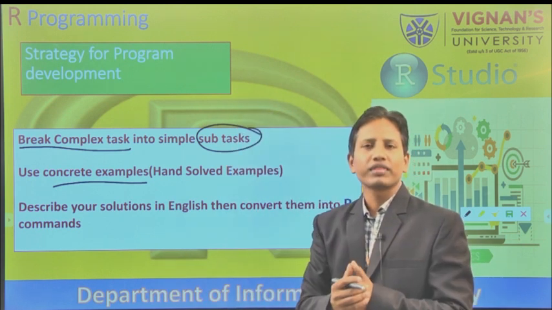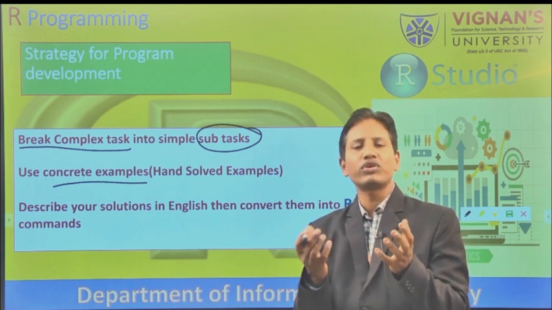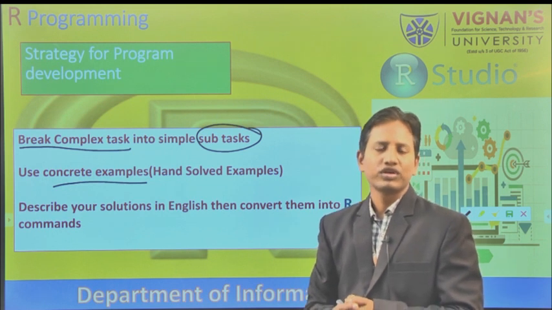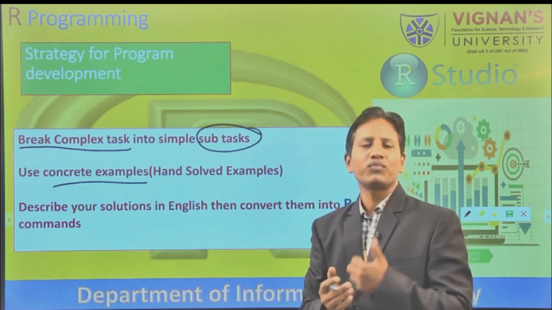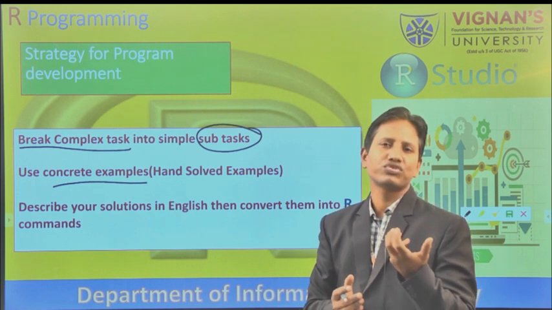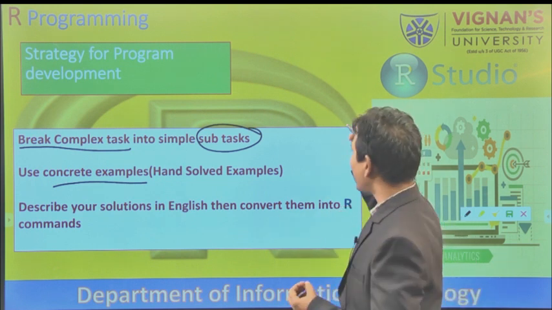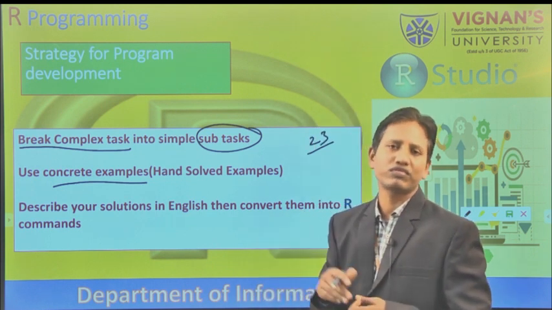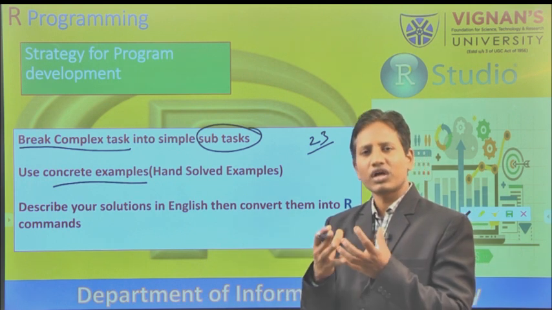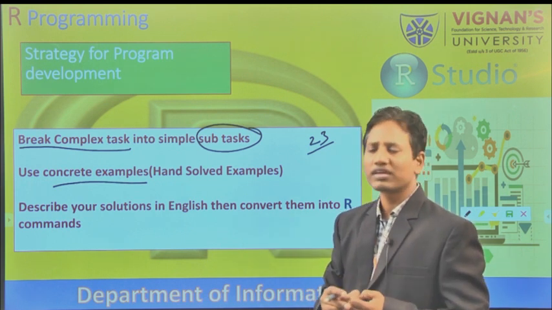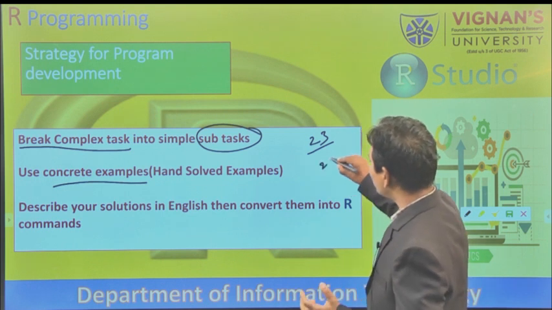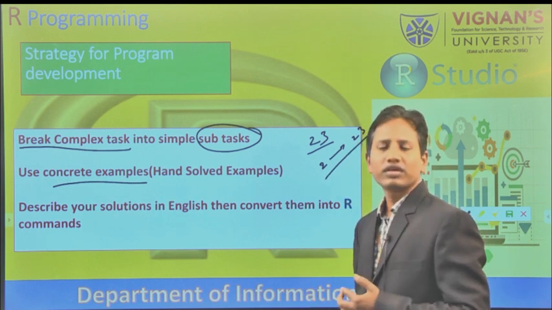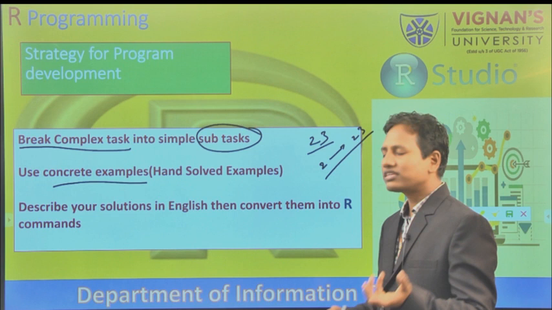For example, I want to write a program to find out whether a given number is prime or not. To develop this program, we have to take a concrete example and check that one. For example, if I have taken 23, is it a prime number or not? The logic we have to develop is to check it from number 2 to 23.